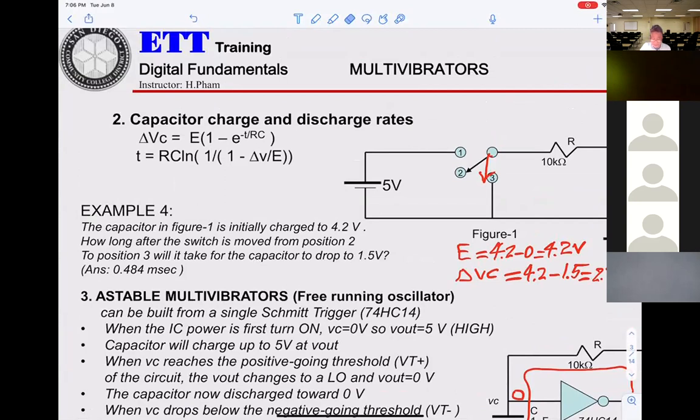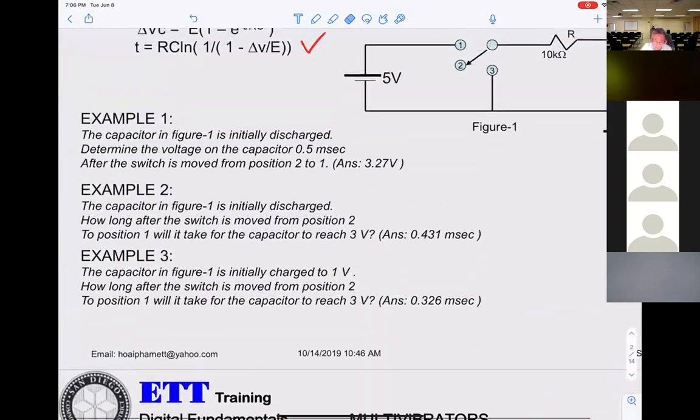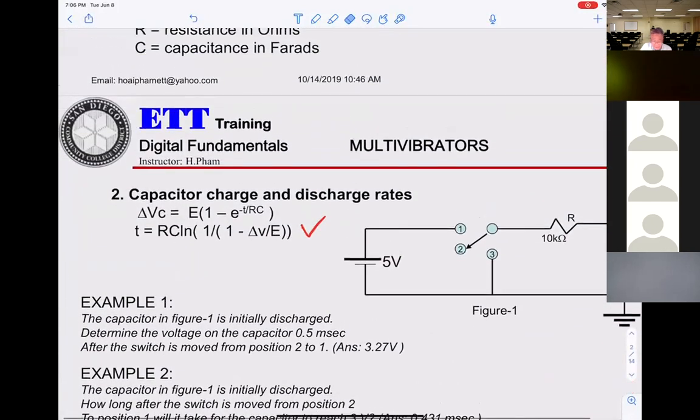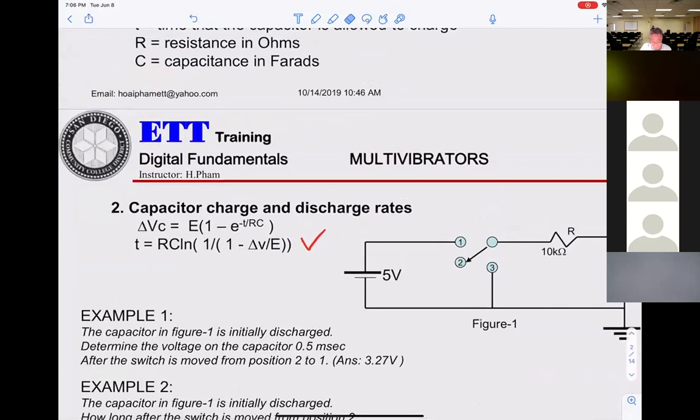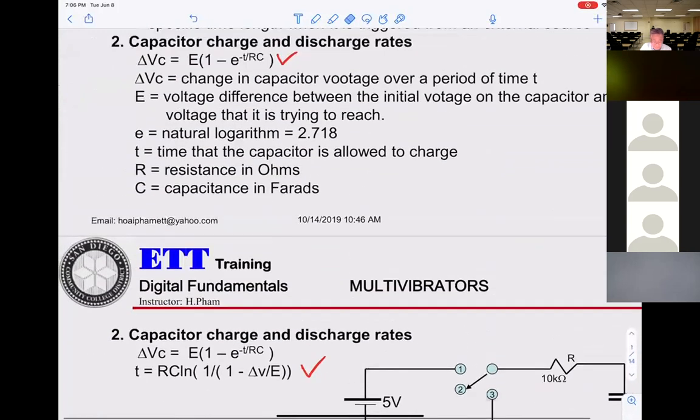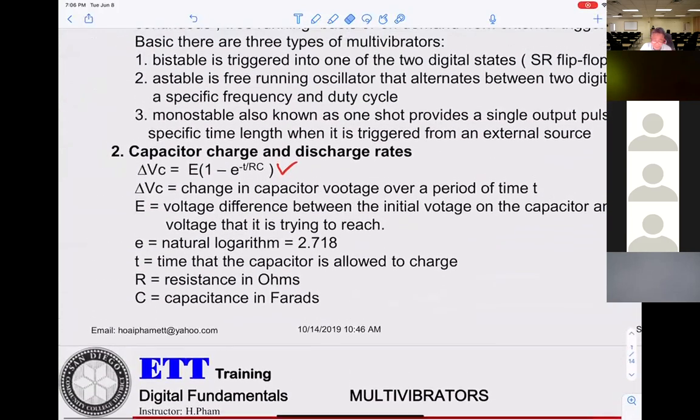Okay, I will double check the answer of the example. You mentioned, Mr. Pham, this formula right here, on the page where it says number 2 capacitor charge discharge, these are the right formulas, correct? Right, the formulas here are right. The only thing is, I wrote it wrong when I did the calculation.